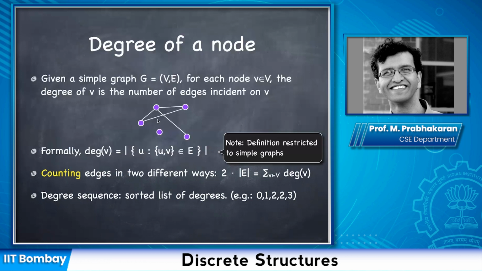So this 0, 1, 2, 2, 3 is the degree sequence for this graph. And as I mentioned, it's an invariant under isomorphism. So the first thing you could check when you want to check whether two graphs are isomorphic is to check their degree sequences. If they're different, you're done. If they're the same, then there is no guarantee that they will be isomorphic, and you have to work further.